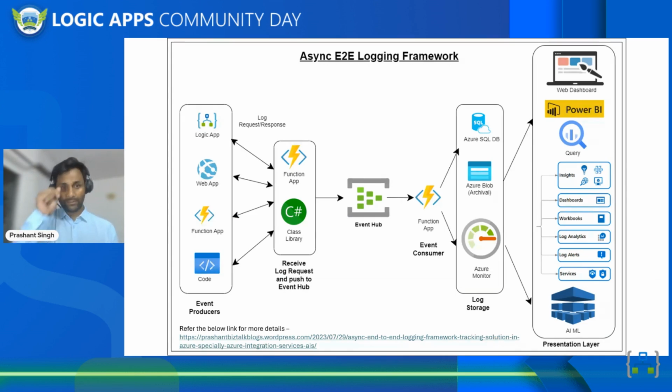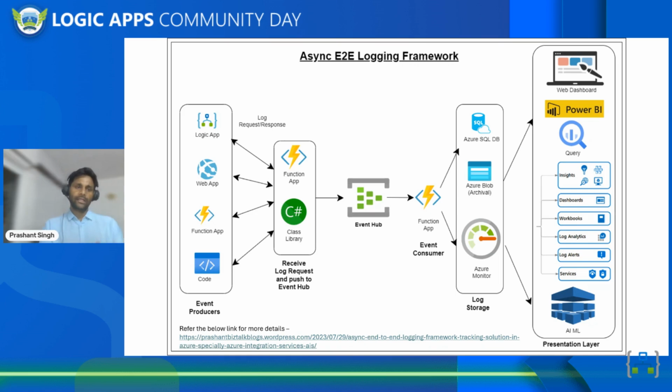This is the framework which I was talking about, end-to-end logging framework, and you can read about it more in my blog. So in this framework, what we try to do is we have categorized things as event producers, which will be generating events: logic apps, your function app, or web applications.